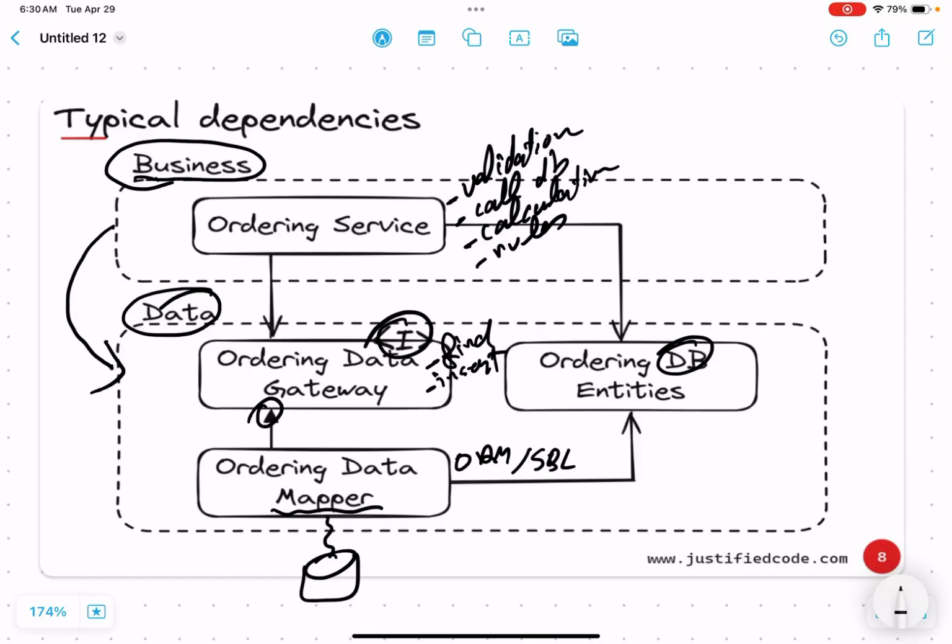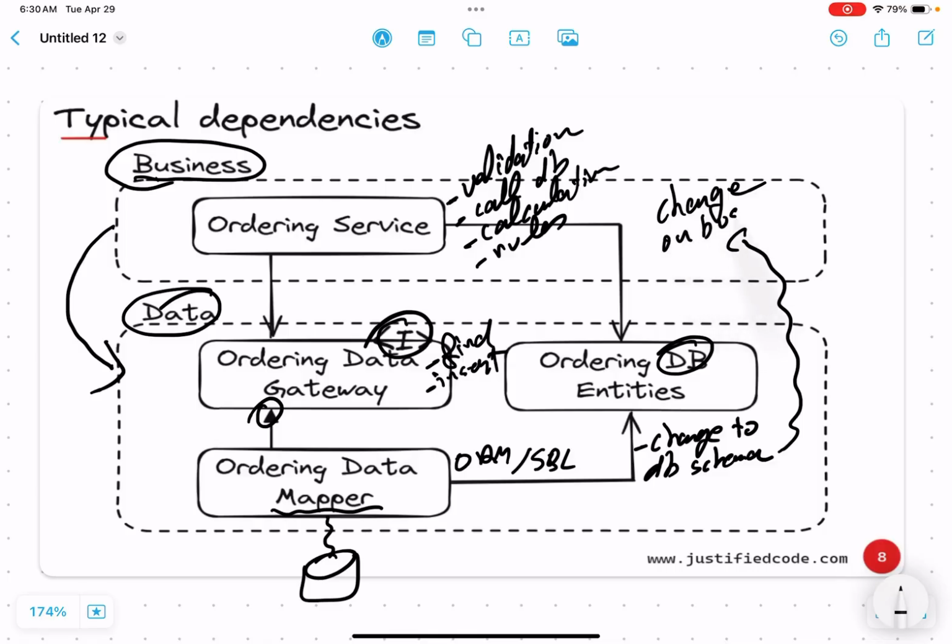The problem here is that when a change to the DB schema happens, we have a change occurring on the business rules. Your business rules are fragile and dependent on the changes that happen in the data layer. That is not healthy, guys. We're gonna see why.